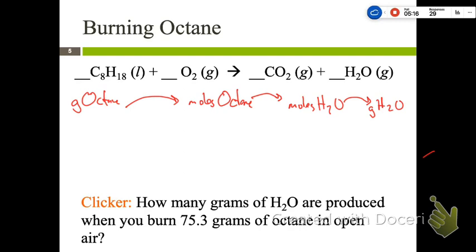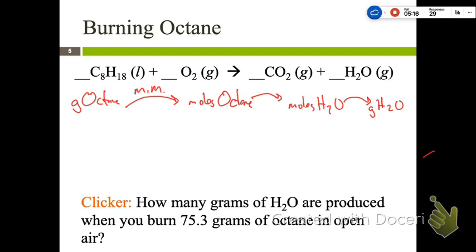What are we going to use to go from the weight of octane to the moles of octane? Just the conversion factor. So we need to use a molar mass to go from grams of octane to moles of octane. Sorry, someone yelled it out here as we were talking. And then how do we go from the moles of octane to the moles of water?